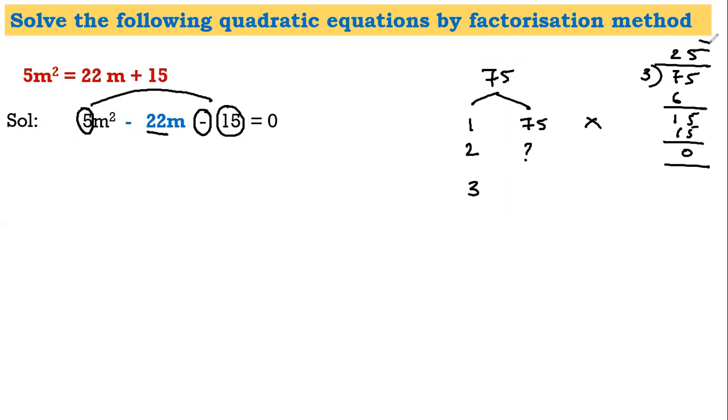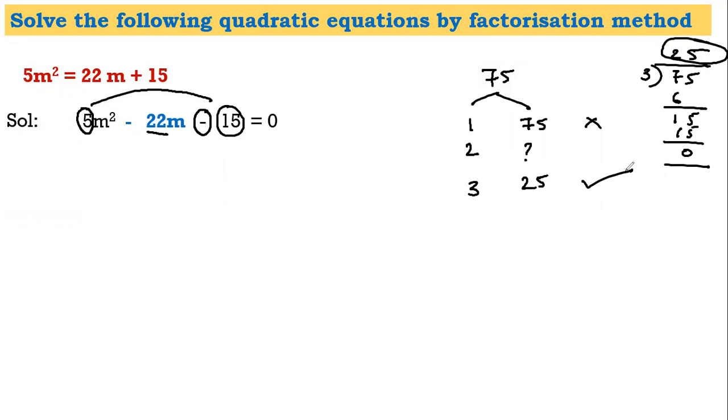So 25 is the answer. So here we will have 25. Now for students who find it difficult, whether we have to add or subtract, since the last number sign is minus, we have to subtract these two factors to get 22. Is 25 minus 3 22? Yes. So my factors for this sum would be 25 and 3.